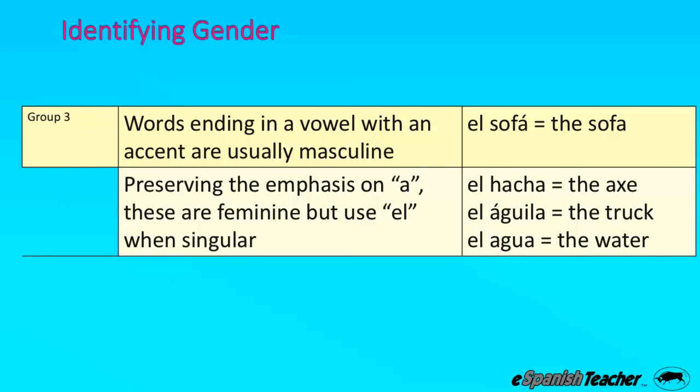So el hacha, but las hachas. El águila, but las águilas. El agua, but las aguas. So these technically are still feminine, but they use the masculine article. Again, you don't have to memorize these, but it's really helpful to be aware of them so that when you come across them, you're not surprised.